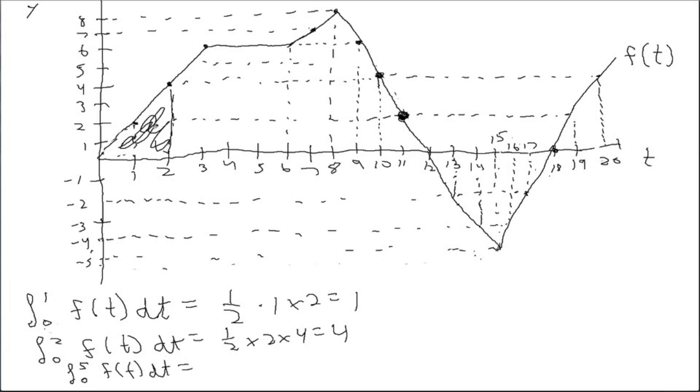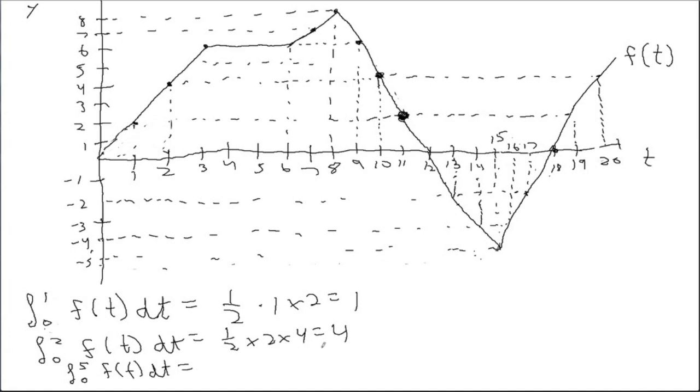Let's try this. Okay, the definite integral of f of t between 0 and 5. Now we have to break up our shapes. We can take the area of the triangle from 0 to 3, and that would be 9.